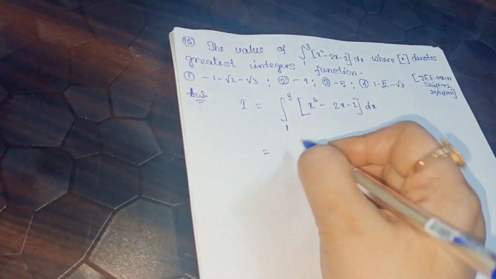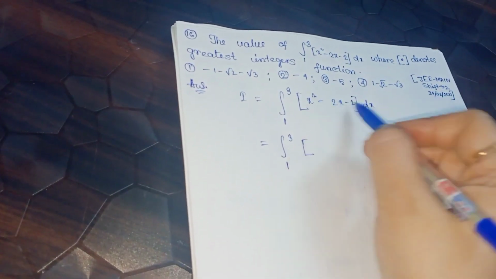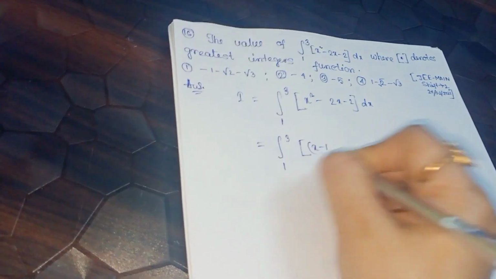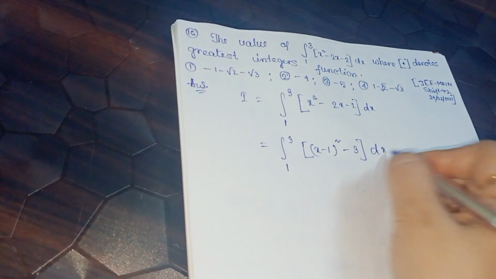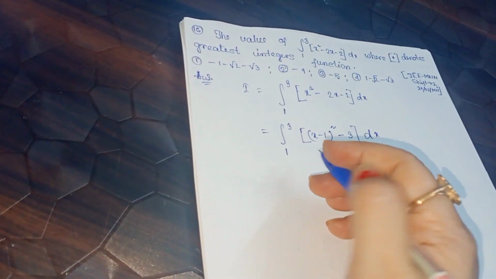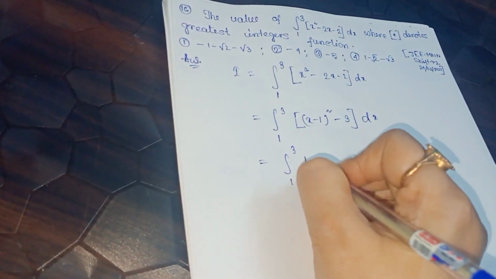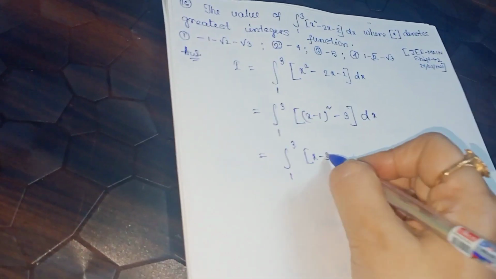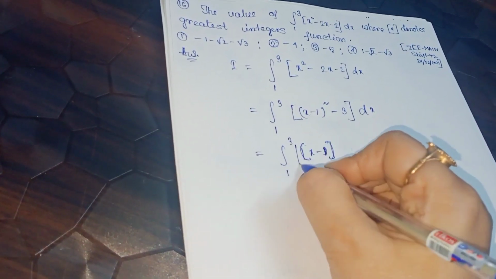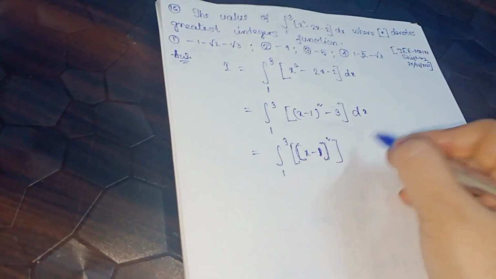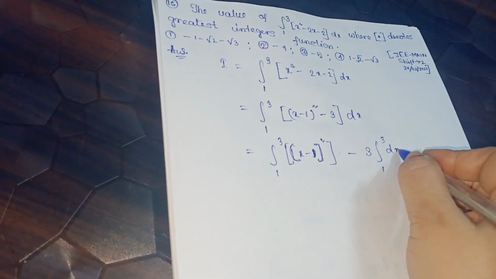So at first, limits 1 to 3. Now making a formula, that is x square minus 2x minus 2 is equal to x minus 1 whole square minus 3, so integration 1 to 3 of greatest integer function of x minus 1 whole square dx, minus 3 integration 1 to 3 dx.